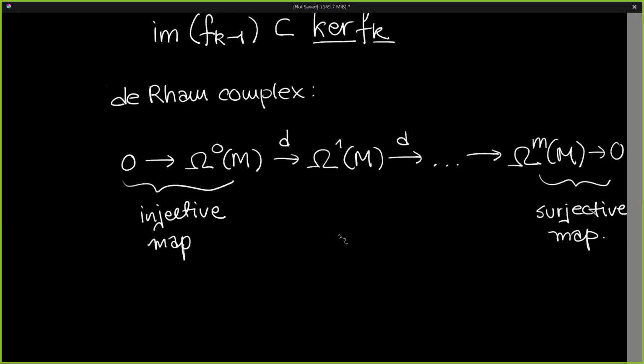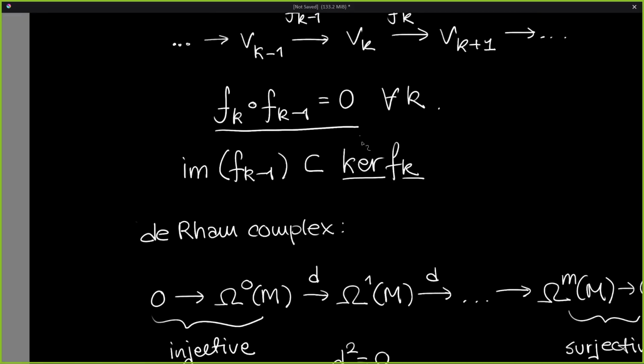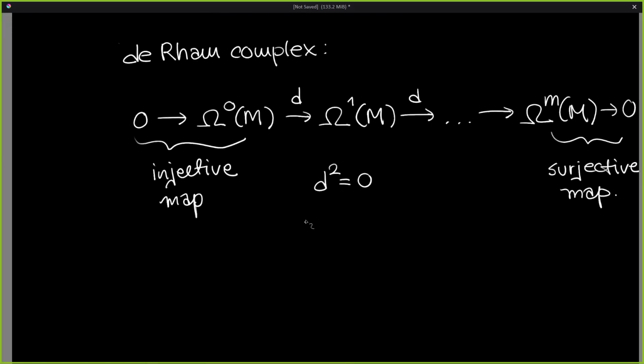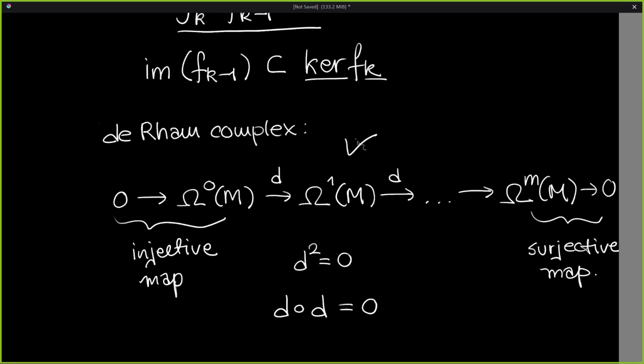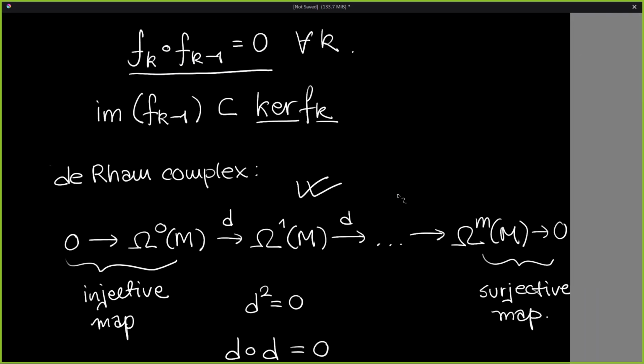Here, the consistency condition of the exterior derivative, d squared equals 0, is exactly this equation, right? It's d after d is equal to 0, which means that this is a bona fide chain complex. And what that means is also the subset thing that we were saying.